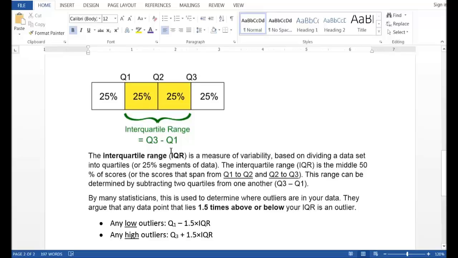This is sort of a measure of variability, and you know that variability means how spread out the scores are. So based on how we divided things into quartiles, the interquartile range is the middle 50%. So it's from the end of quartile 1 to the end of quartile 3.